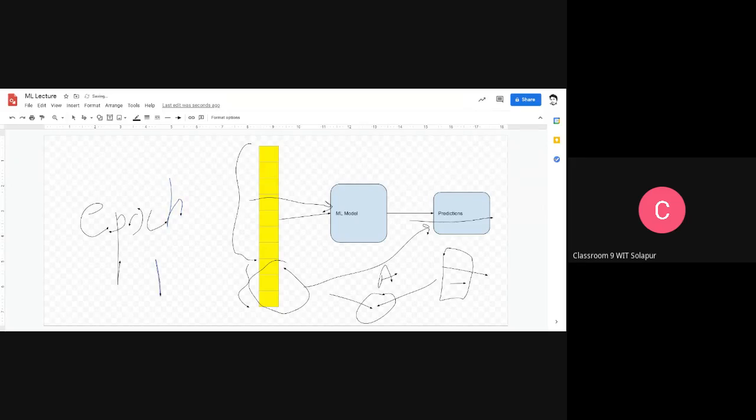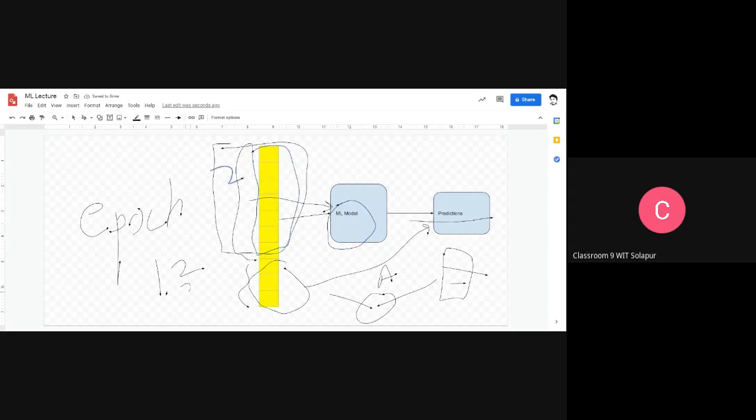Epoch 1 means my algorithm has gone through this training data set once. If I say my number of epochs is 2, it means that your ML model during training has gone through this training data set twice. That's called the number of epochs.